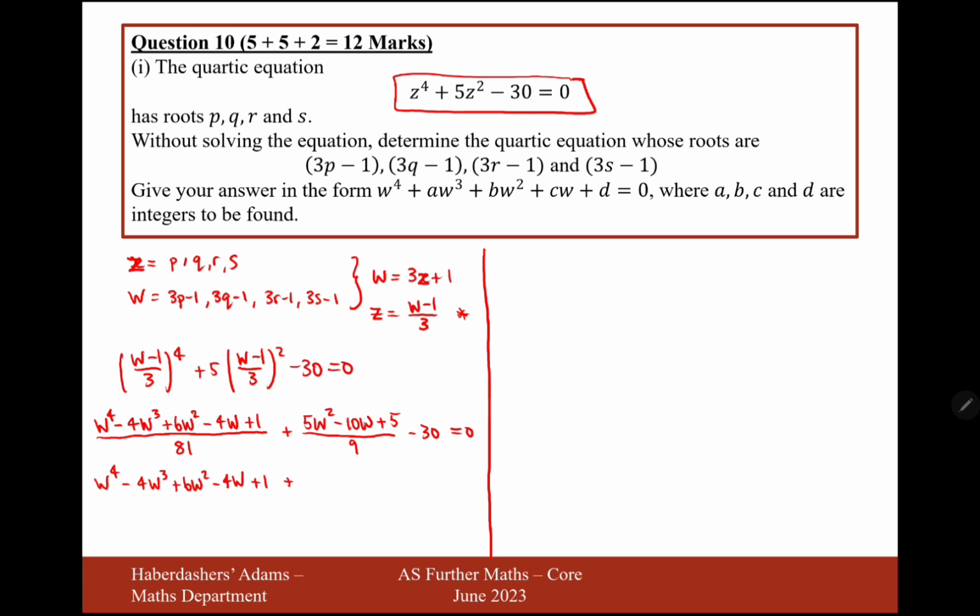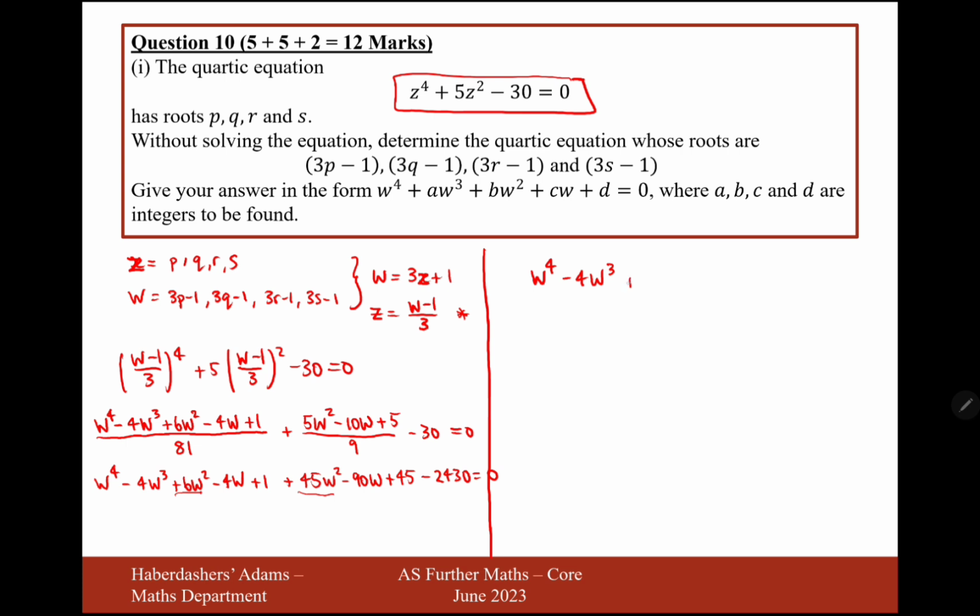So 5 times 9 is 45w squared minus 90w add 45. And then 30 times 81 is 2430. This equals 0.